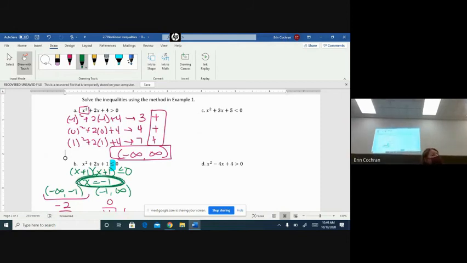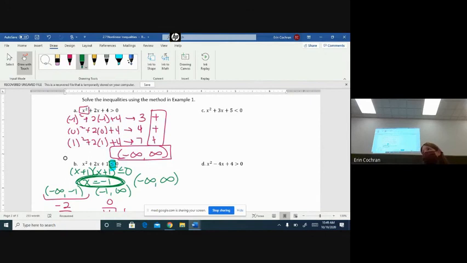-1, right? So you first thought that because they're both positive, it would also be -infinity to positive infinity, right? But because of that equal to, with inequalities in this case, the only value that actually satisfies this is what?